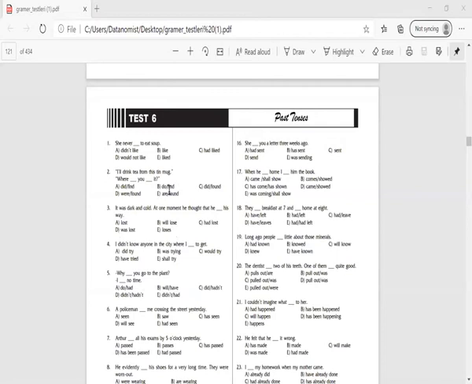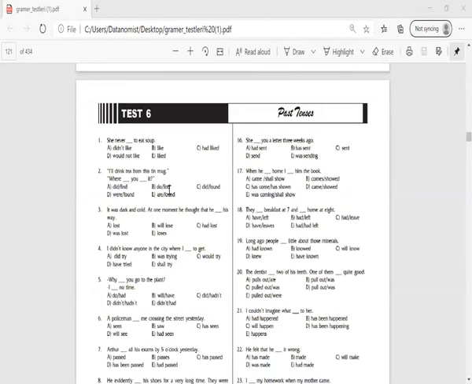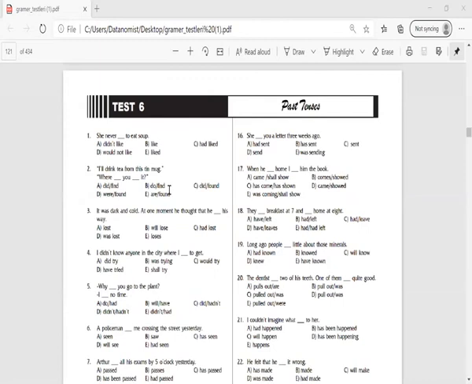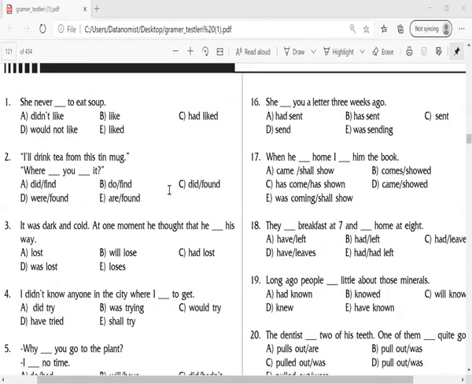You got it? Okay, guys, check it out. I will pick some. You don't focus on others.